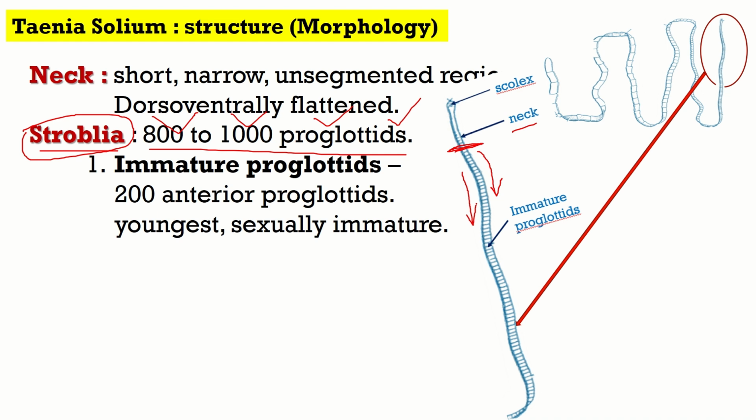These proglottids emerge from the neck and are pushed backwards.